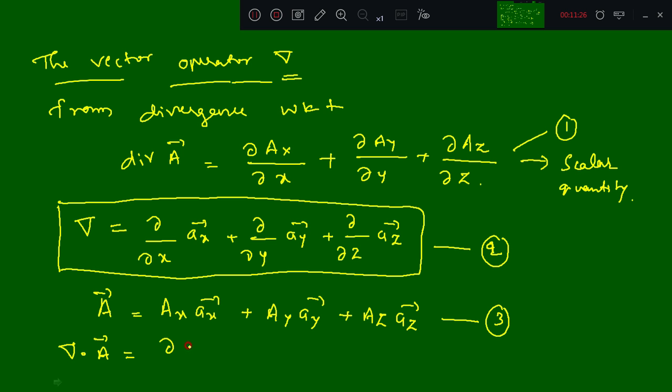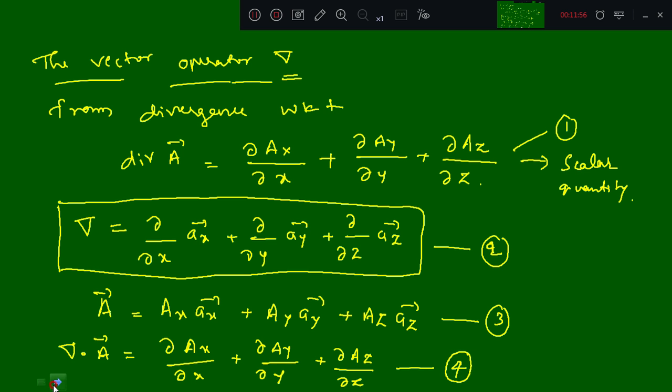dou Ax divided by dou x plus dou Ay divided by dou y plus dou Az divided by dou z. So only this equation number 4 you are going to get. But what is this equation number 4 equal to?